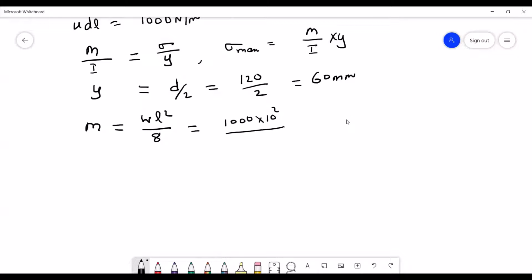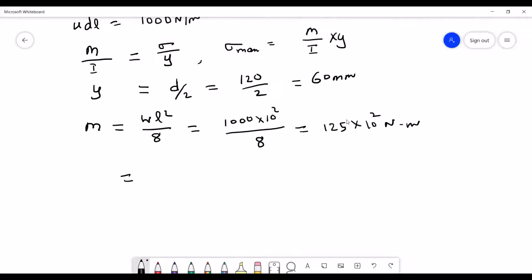W is 1000 Newton per meter, L is 10 meter squared, divided by 8. So we are going to get 125 into 10 raised to 2 Newton meter.